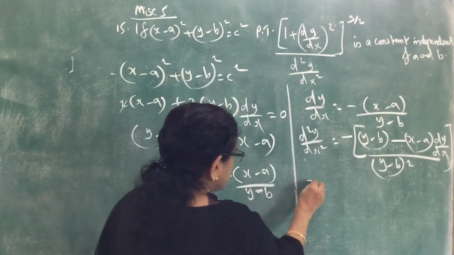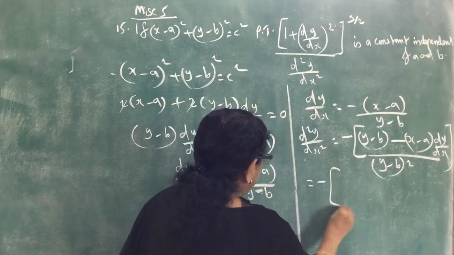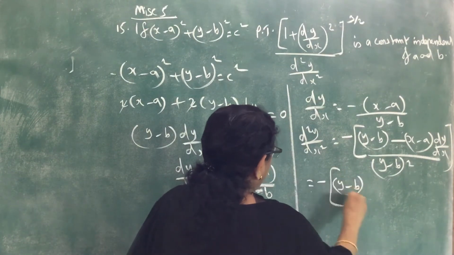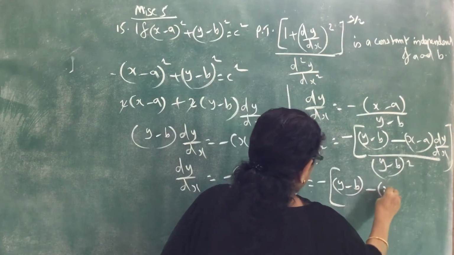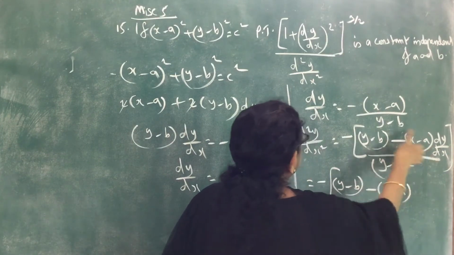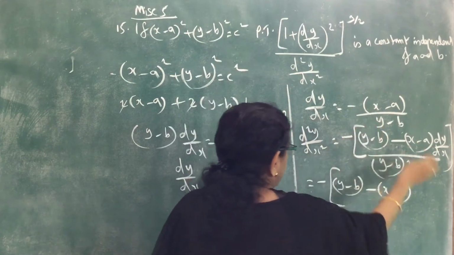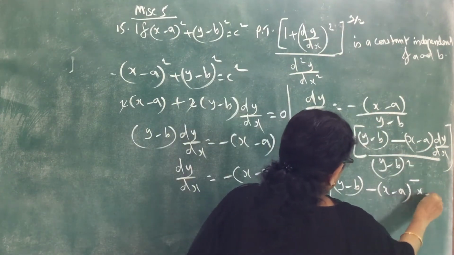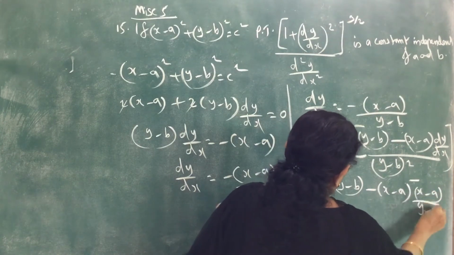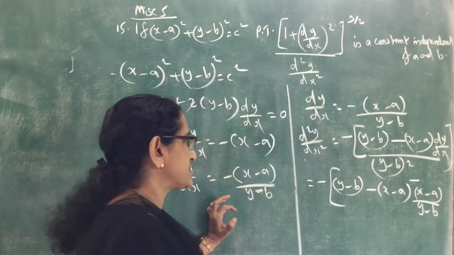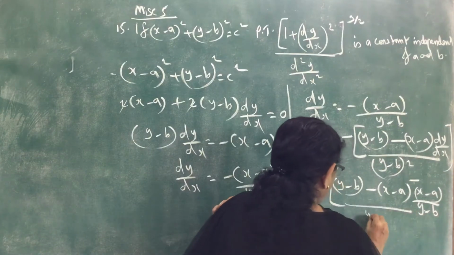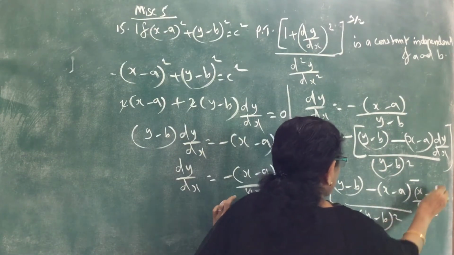So when we simplify, minus outside, (y − b) − (x − a) · dy/dx, that is −(x − a)/(y − b), whole divided by the denominator squared, (y − b)².